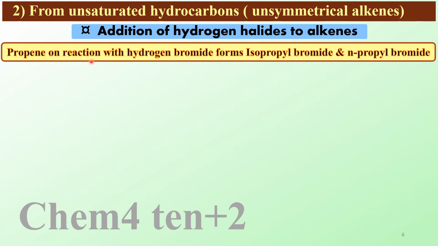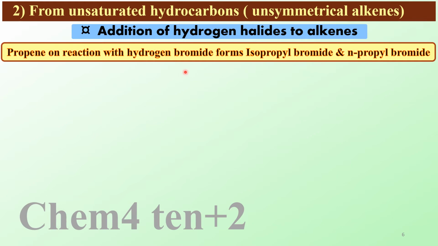Propene on reaction with hydrogen bromide forms isopropyl bromide and n-propyl bromide. Isopropyl bromide is also known as 2-bromopropane and n-propyl bromide is also known as 1-bromopropane.